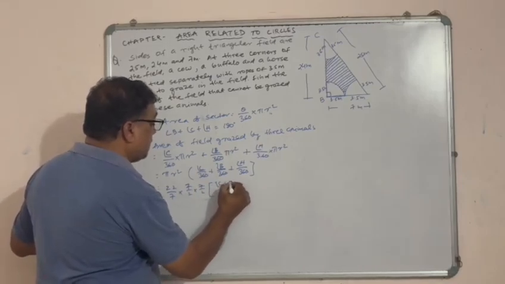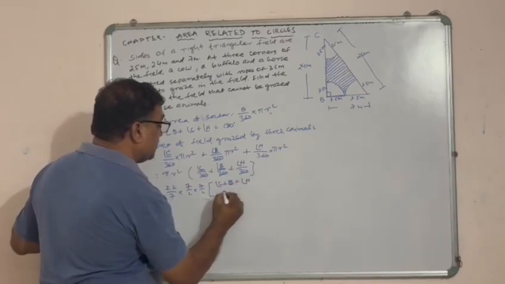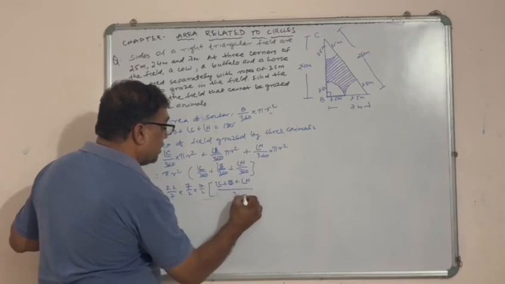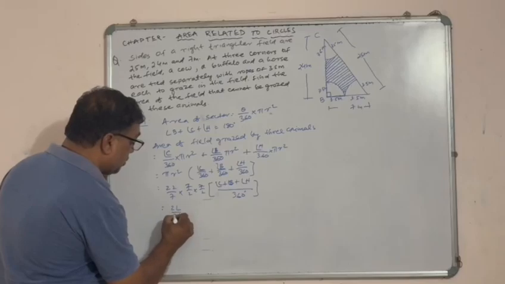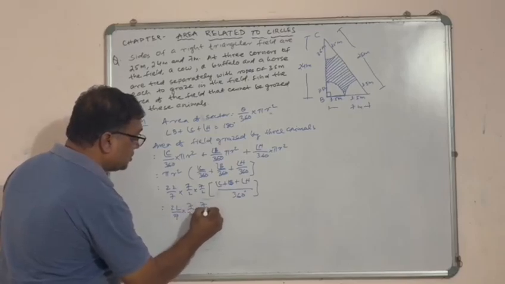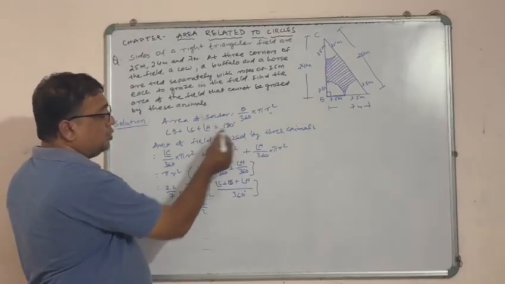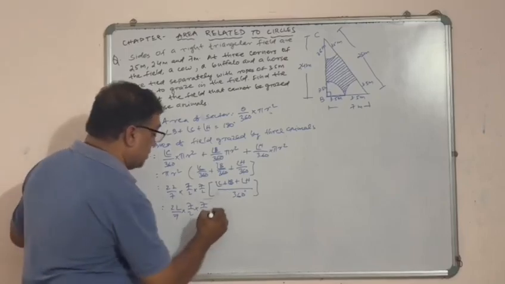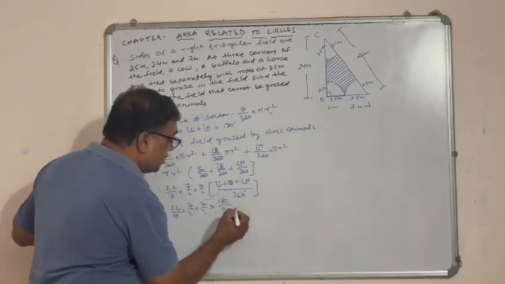So angle C plus angle B plus angle H by 360 degree. So 22 by 7 into 7 by 2 into 7 by 2. Angle C plus B plus H we have written as 180 degree, so into 180 by 360 degree.